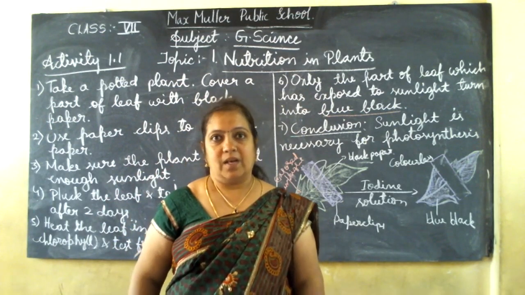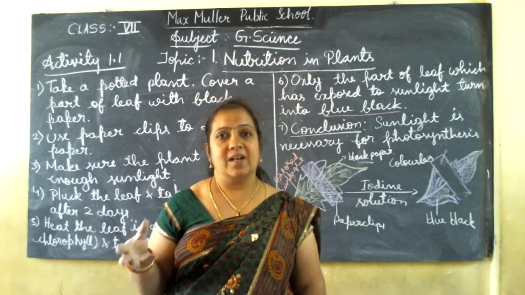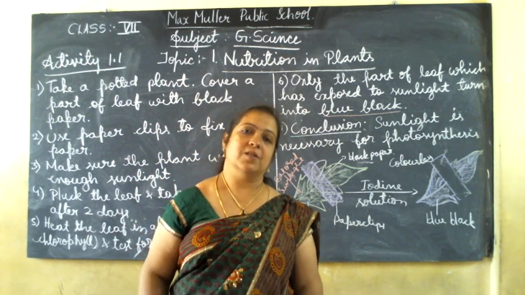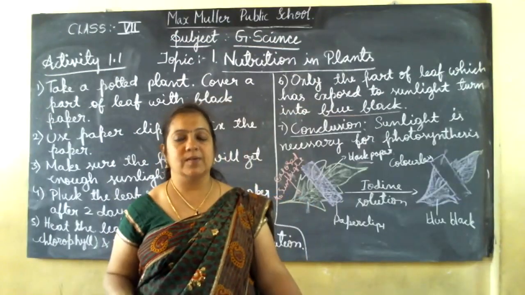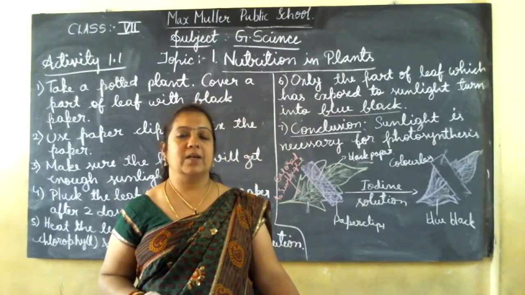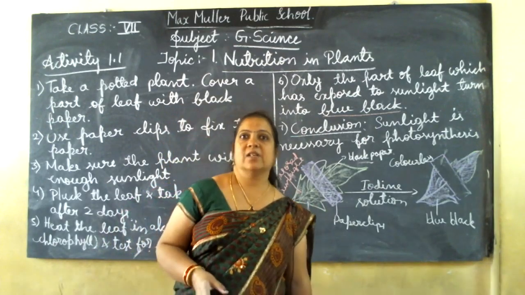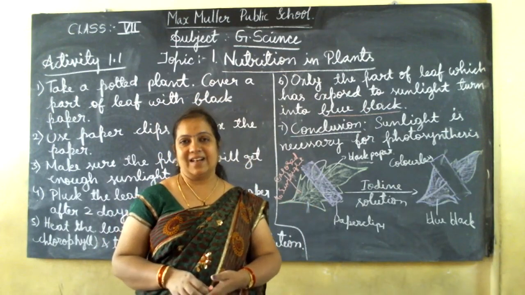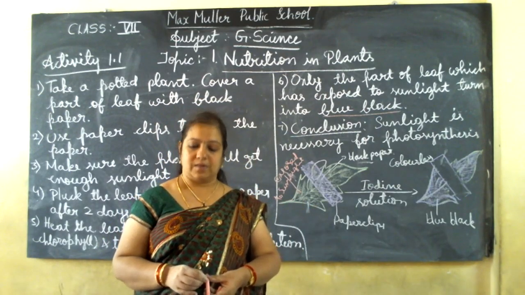So whenever the sun is focusing on it, they are also carrying out the photosynthesis process, they are also preparing the food. In them also this process is undergoing and they are also able to prepare the food. Understand? Even the colored leaves of a green plant are able to prepare food by the photosynthesis process.